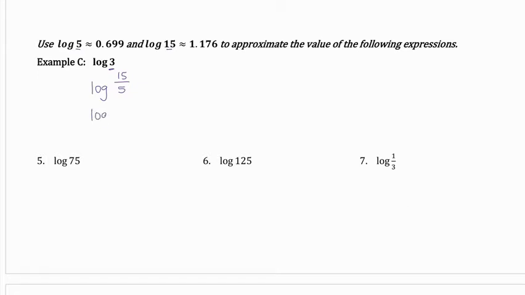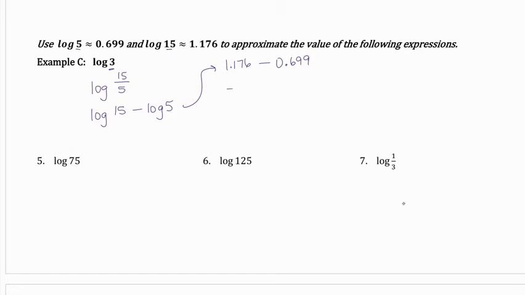So that would make log of 15 minus log of 5. And then I know those two values from what I was given in my directions. So log 15, we said, is approximately 1.176, minus log of 5 is approximately 0.699.